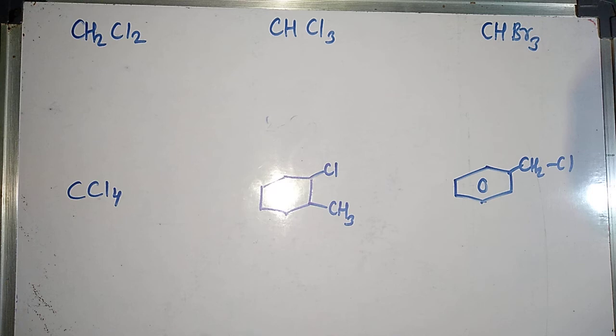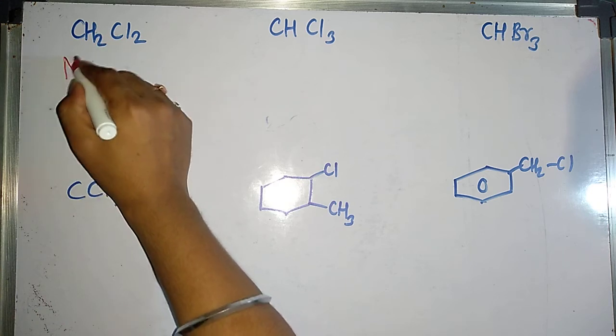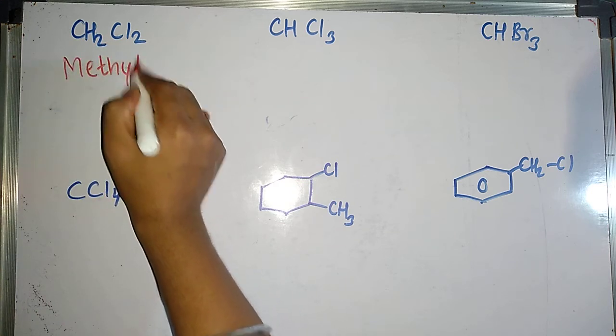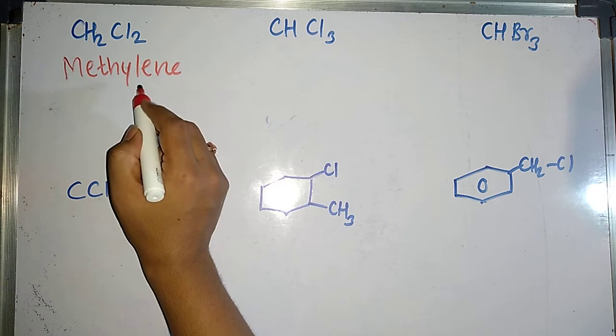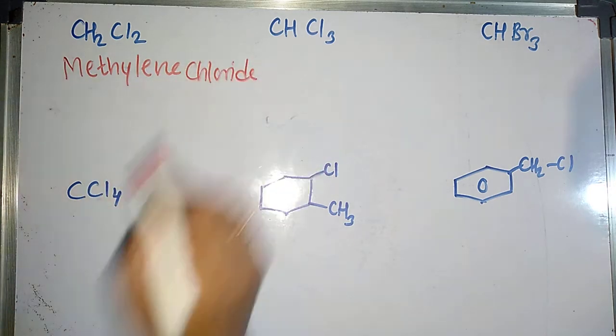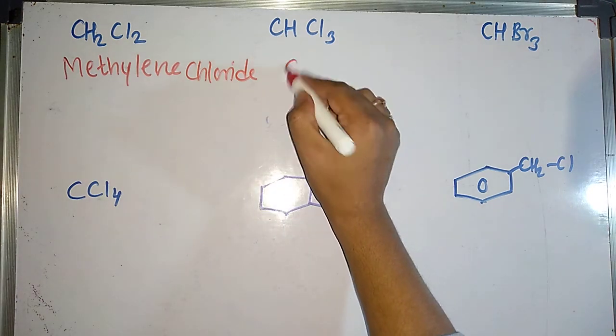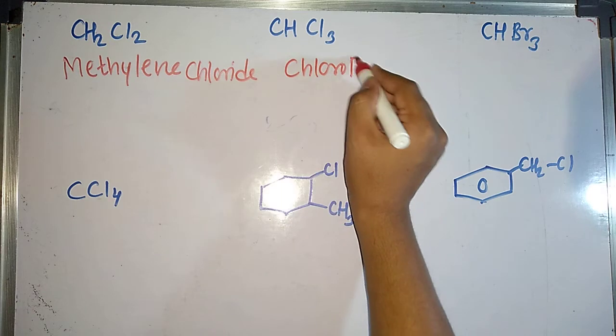So now similarly we are having CH2Cl2. CH3 is a methyl, so CH2 will be methylene. There are 2 chlorine atoms, so it will become methylene chloride or methylene dichloride. In the same way, it is CHCl3, so I will call it chloroform in the common name.